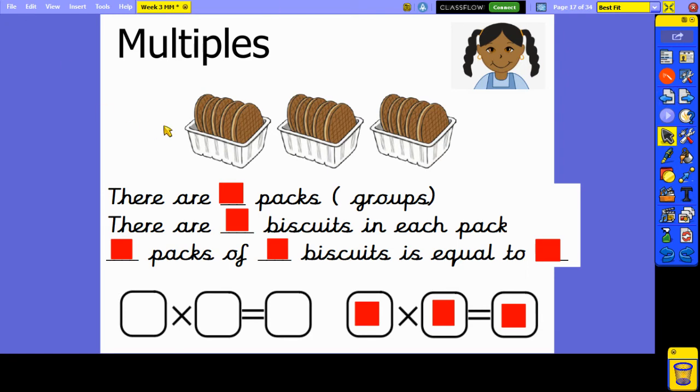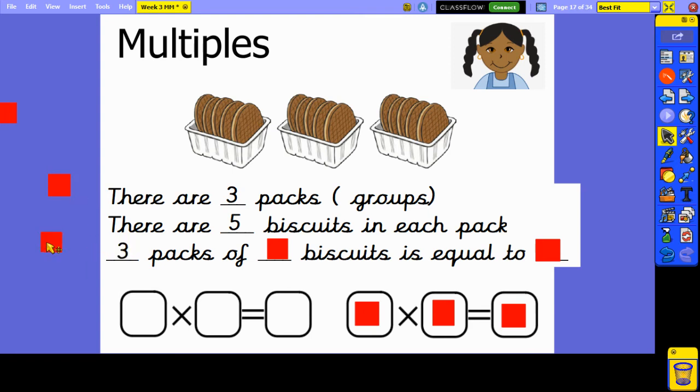Okay, how many packs or groups of these biscuits do I have? 1, 2, 3. There are 3 packets of biscuits. There are 1, 2, 3, 4, 5 biscuits in each packet, 5 in each group.